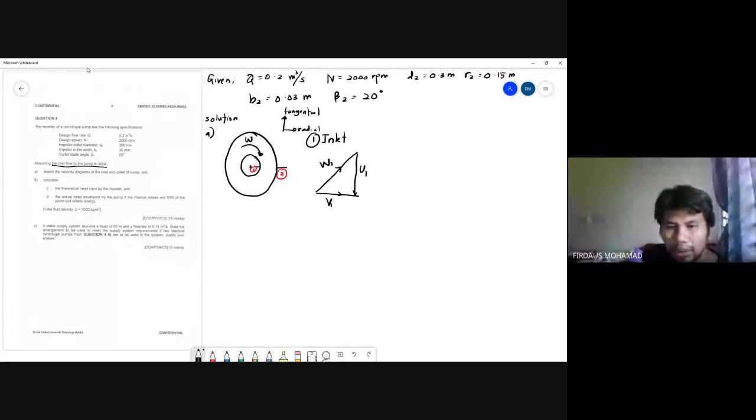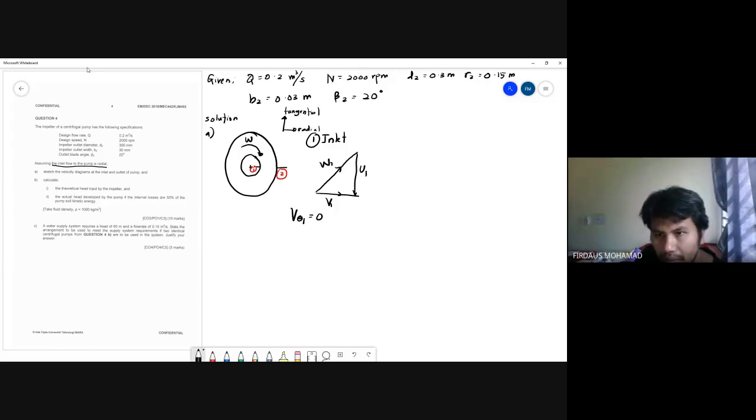Since the flow enters the pump radially, at this stage V theta 1 equals 0. So this is V1, and there is no tangential component for this case. So that was for the inlet.